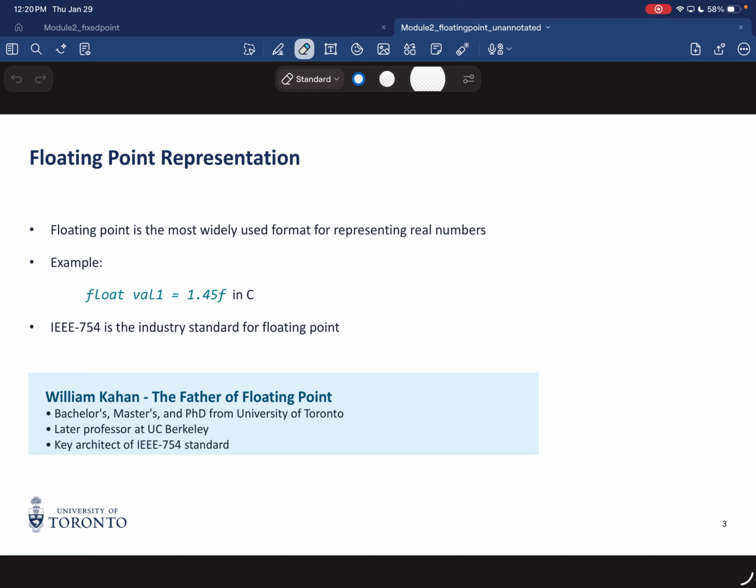Now, floating point was basically defined by William Kahan, who was from U of T, so take pride in that. He defined the standard IEEE 754, which is the standard way we represent floating point.